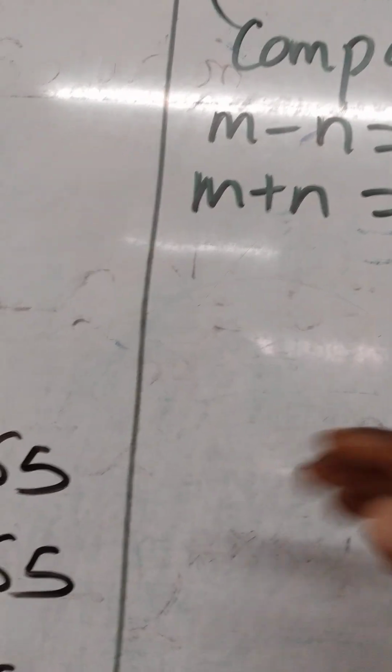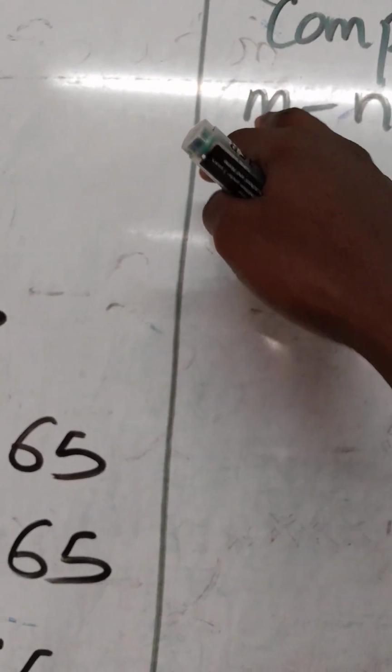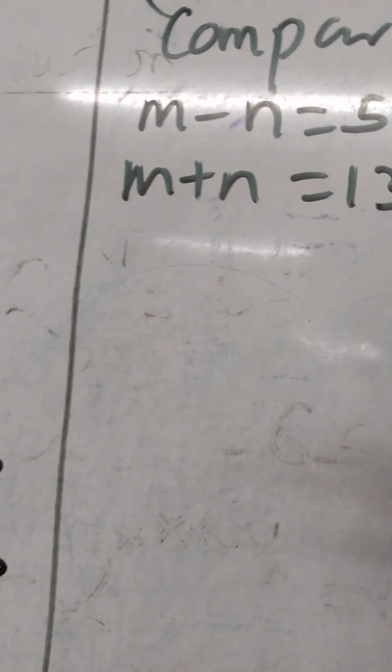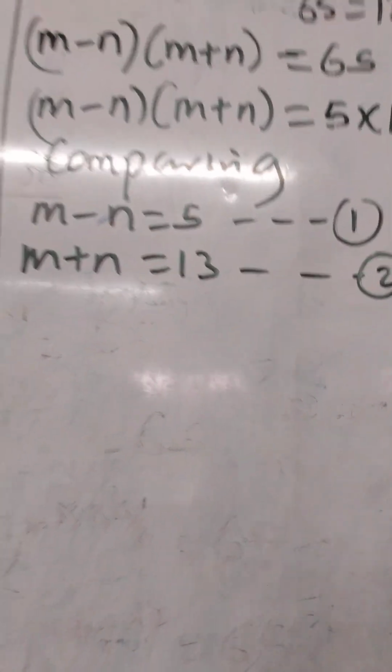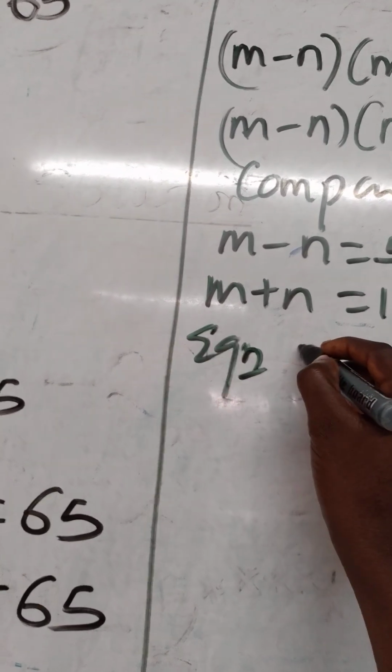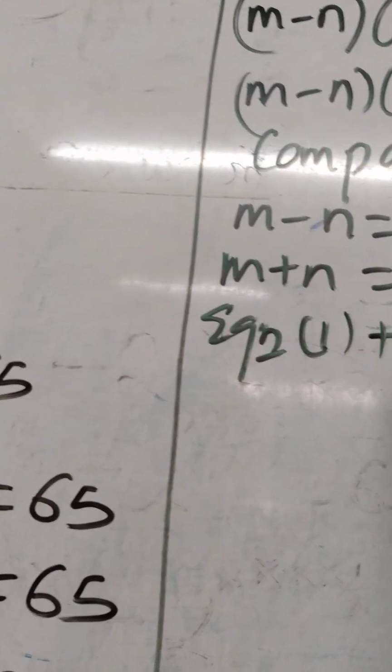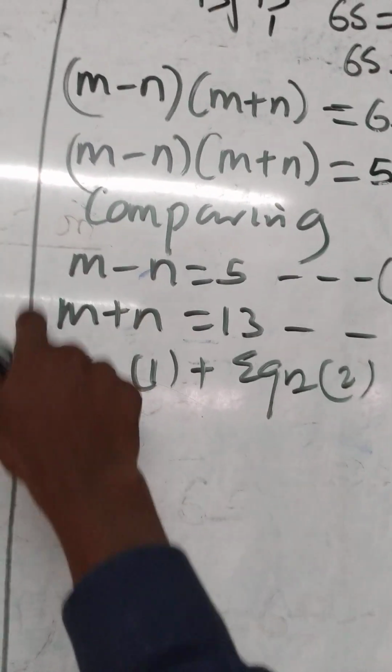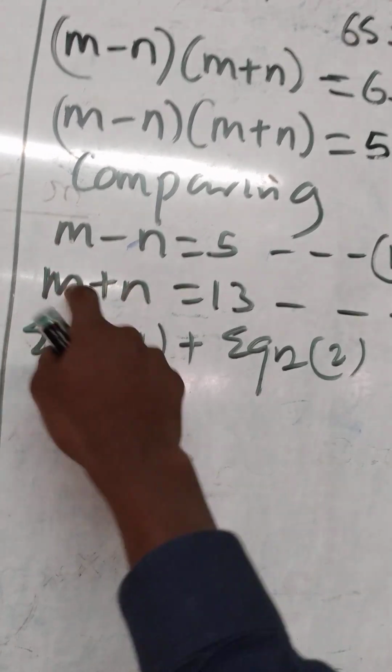Let me try to eliminate m. Solving the two equations simultaneously, that means equation 1 plus equation 2. Since I have the same signs there, I can easily add them together.